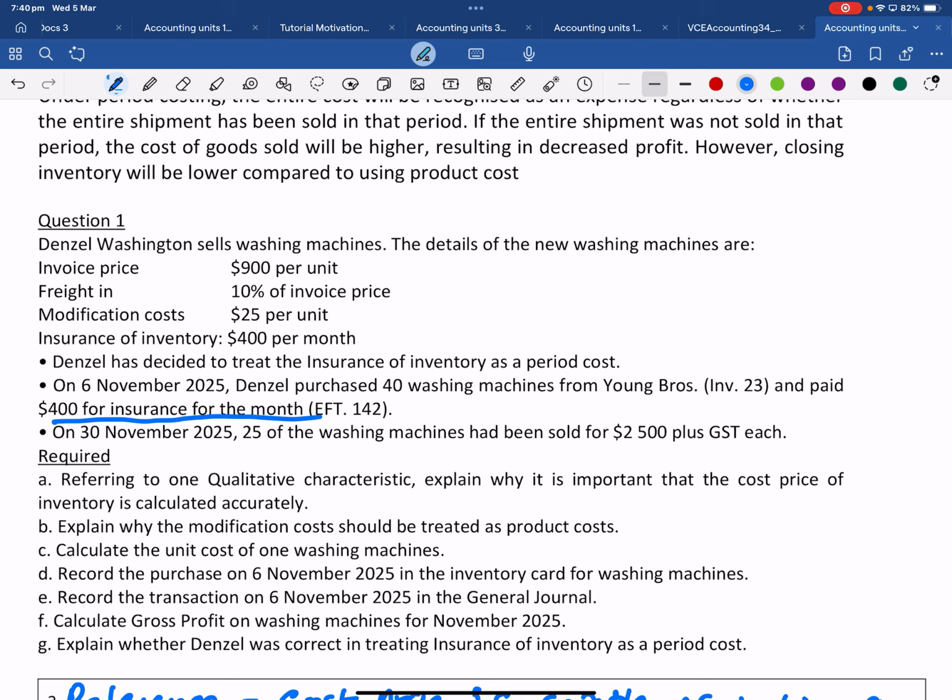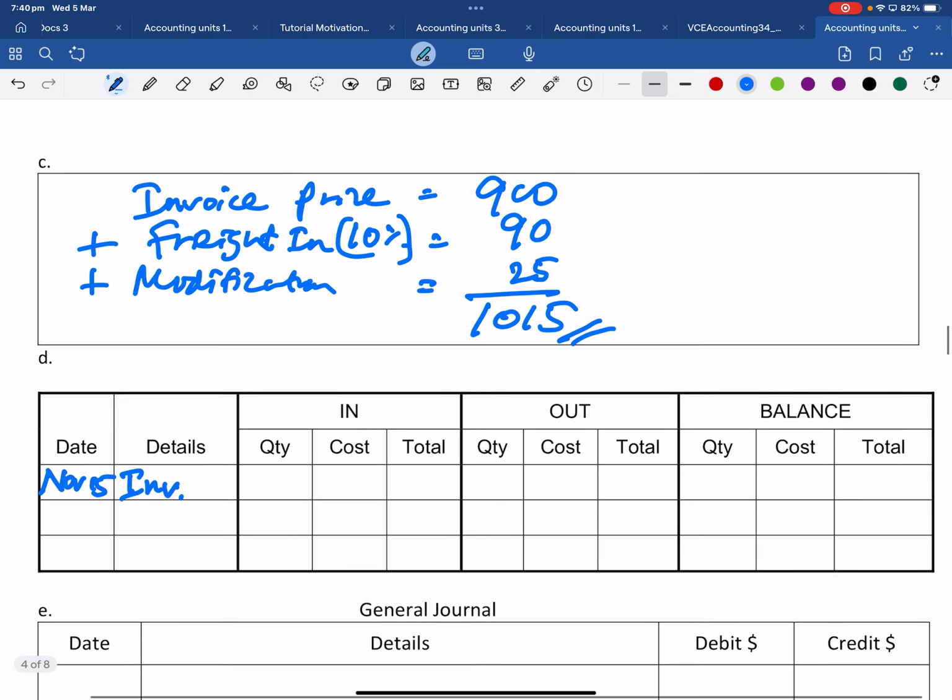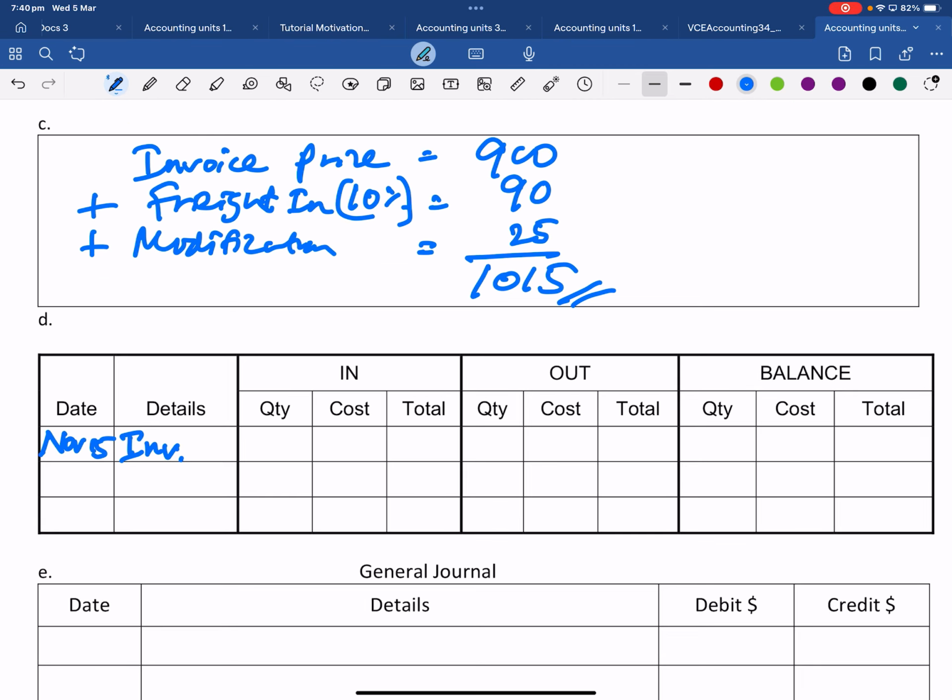Is that product cost or period cost? Period cost, yeah. So are we recording it in the inventory card? No, because what do we record in the inventory card, guys? Only the product cost, yep. So invoice 23, quantity is 40, cost is 1015, total would be how much? 40,600.